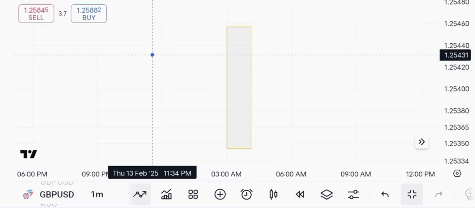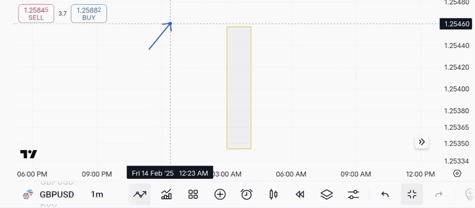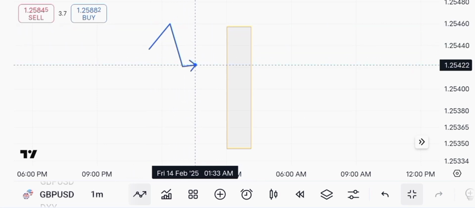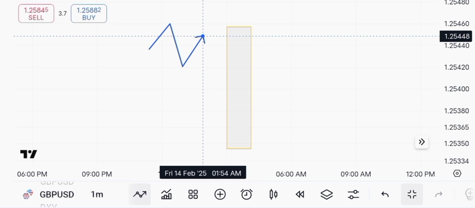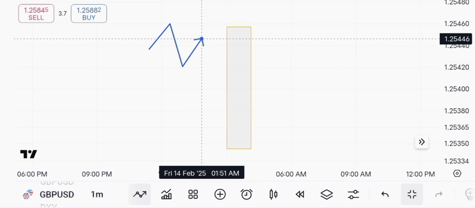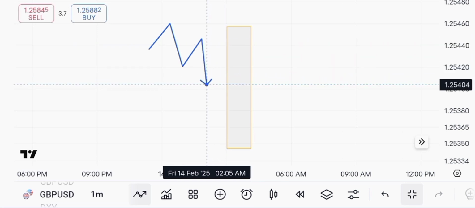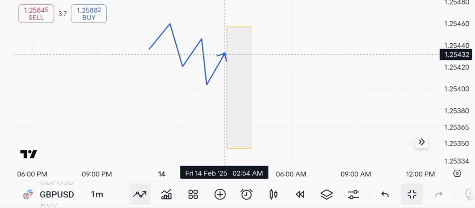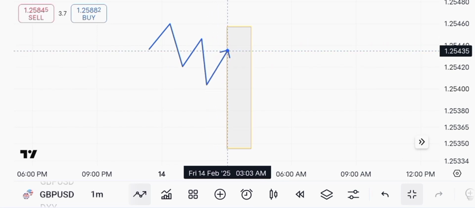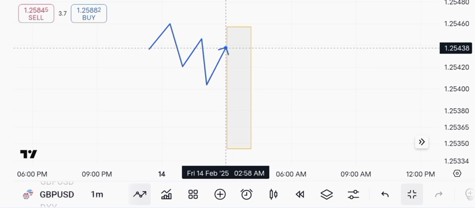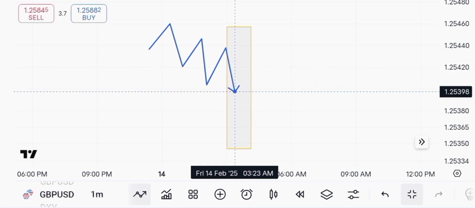Same applies for a bearish market. So you typically would see the market trending. When we approach the 3 a.m. period, we want to see a displacement to the downside.